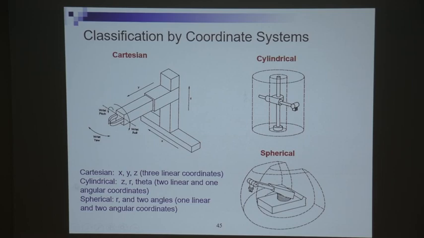So this is cylindrical: you have 2 linear and 1 angular coordinates. You can also have a spherical coordinate system, which will have the r, which is the radius, and then 2 angles.